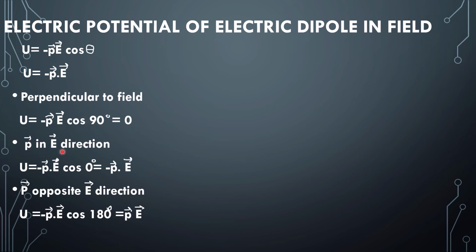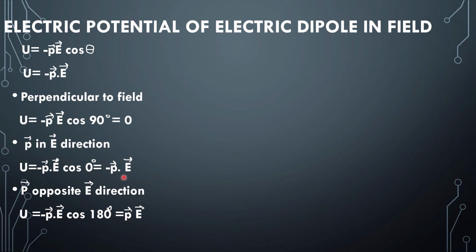And when P is in the direction of E, then it is cos 0 degree as it is in the same direction, so it is minus P dot E.